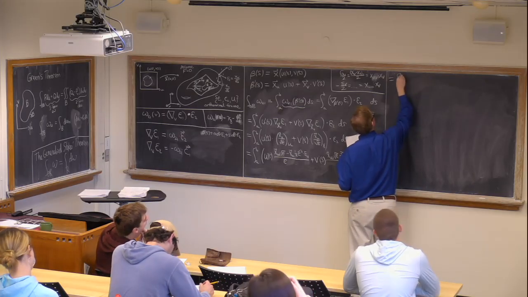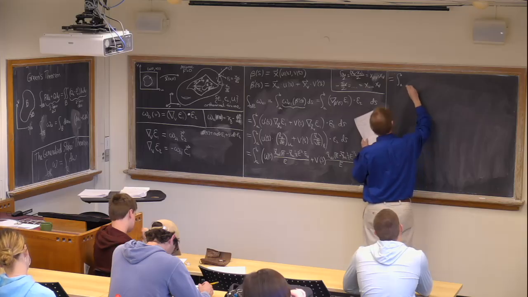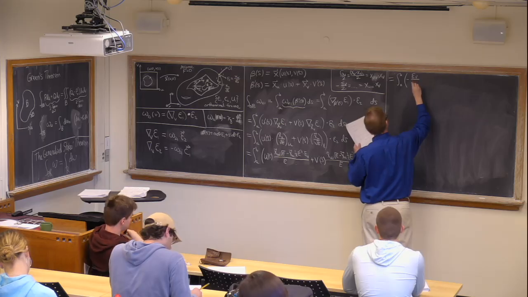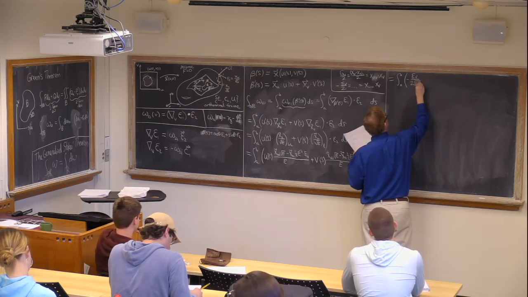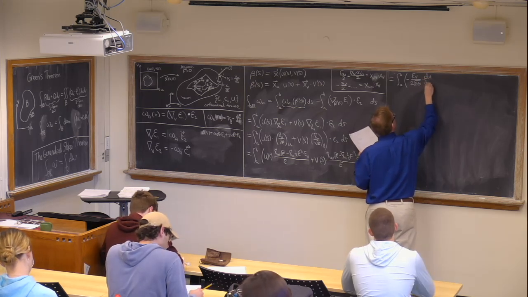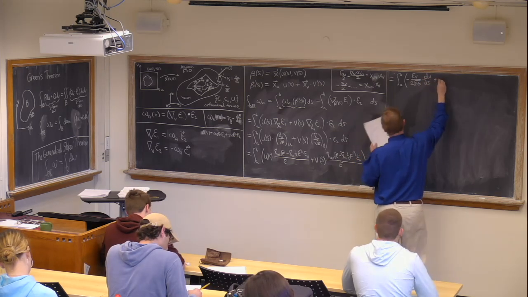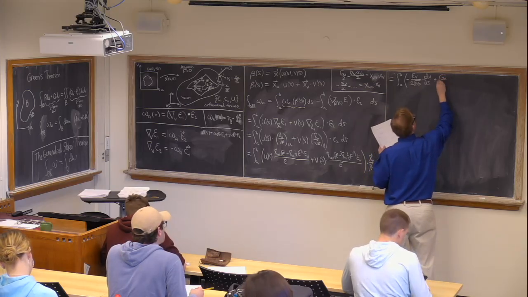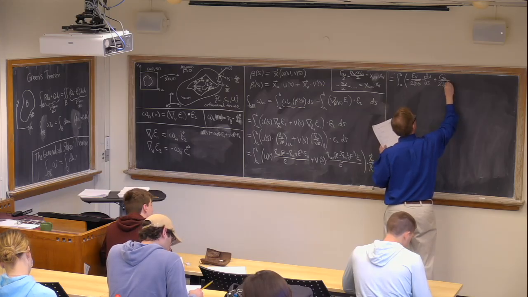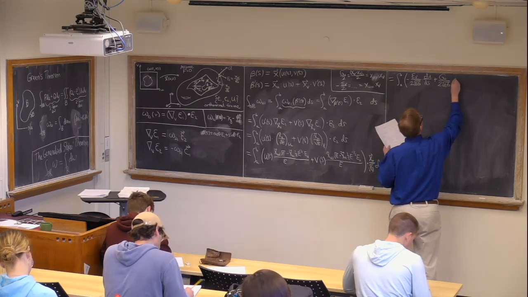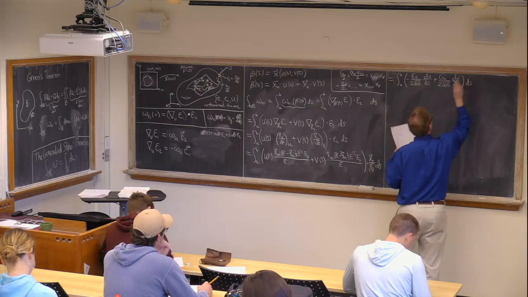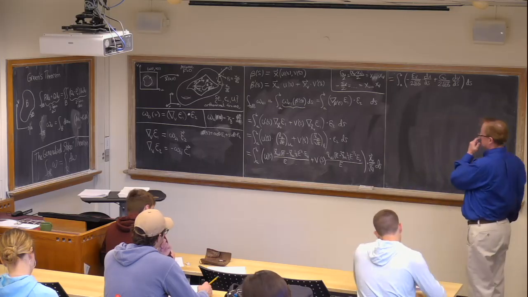Integral a to b of negative Ev divided by 2 square root of EG times du ds plus Gu over 2 square root of EG times dv ds, ds. Okay? So that's just algebra.